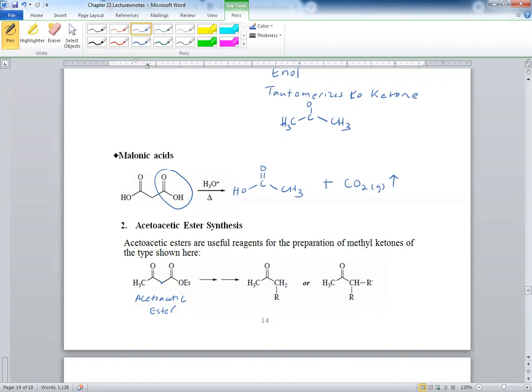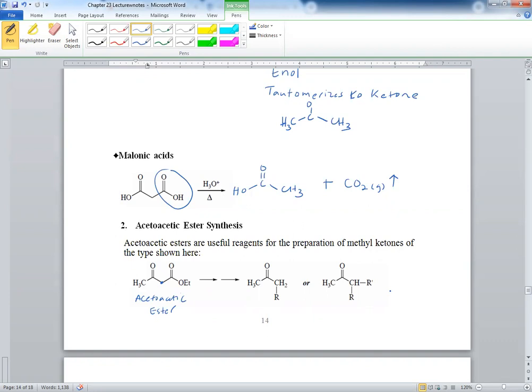That alpha carbon can take one R group, or you can add multiple R groups. So you can do monoalkylation, or you can do polyalkylation. That's why it's a useful strategy. Again, you can do mono or di-substituted, etc.